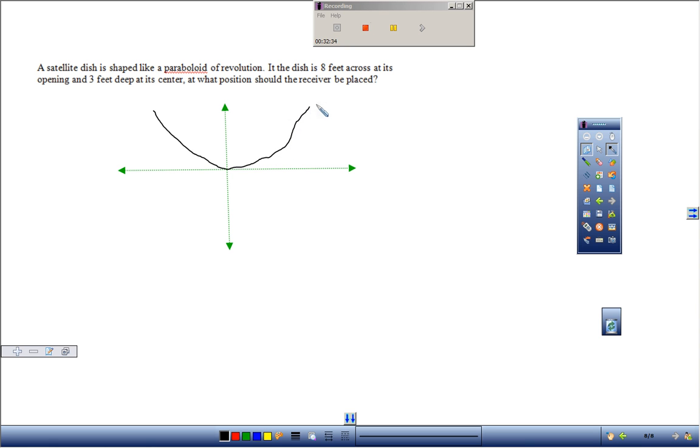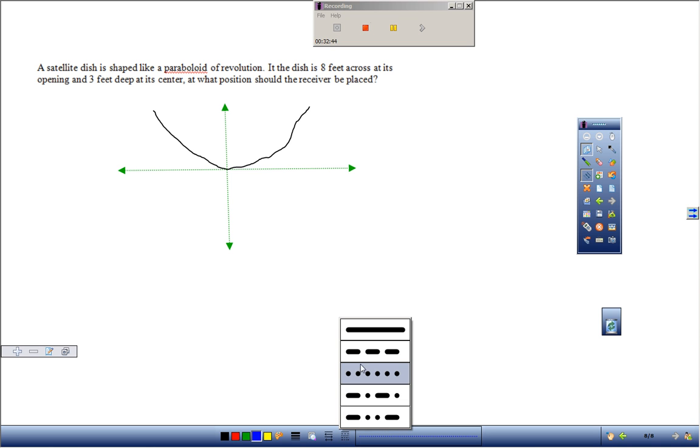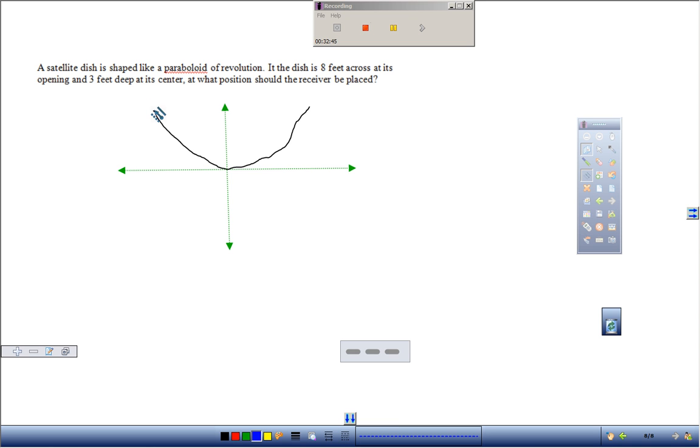It's a really bad parabola, and I go straight across, no arrows, blue, dotted, why not? So here's my really bad satellite dish, and this is 8 feet across from here to here.